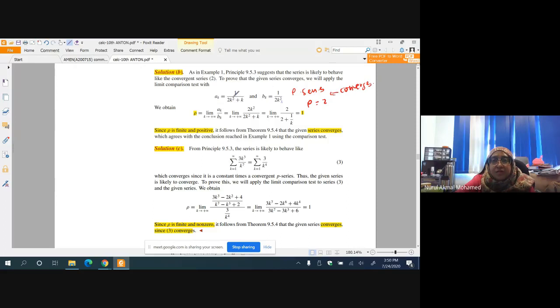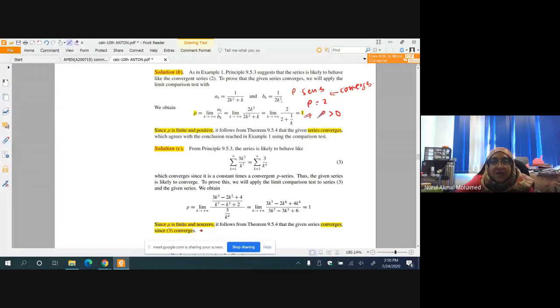So for this one here, you take the ratio of AK and BK. AK you divide with BK, you take the limit, you simplify. I think this one also you can use L'Hopital rule and somehow you get equal to 1. 1 is finite, and it is positive. Rho is greater than 0.